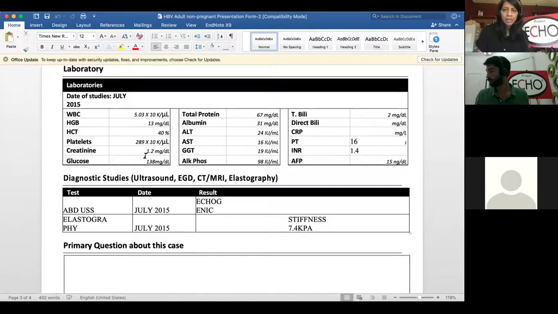Glucose, not sure if this is fasting, but is 138. If you look at their ALT level, it's 24. AST 16, the gamma GT is 19, alk phos is 98. We know the total bili is 2, and the PT is 16, and the INR is 1.4.